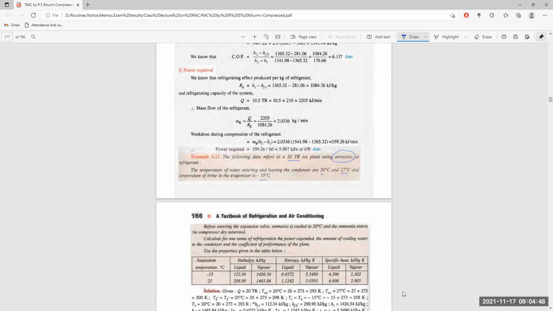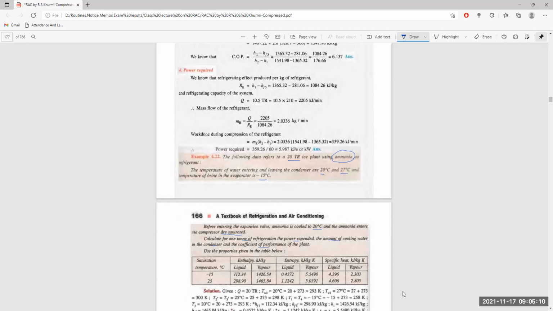Now, before entering the expansion valve, ammonia is cooled to 20 degrees centigrade, and the ammonia enters the compressor in dry saturated state. Calculate for 1 ton of refrigerant the power expended, the amount of cooling water in the condenser, and the COP of the plant itself.